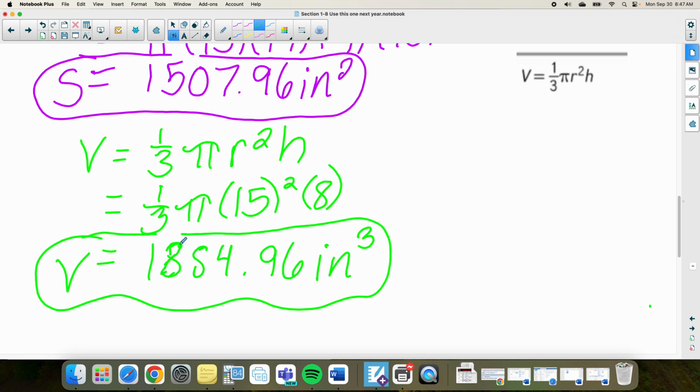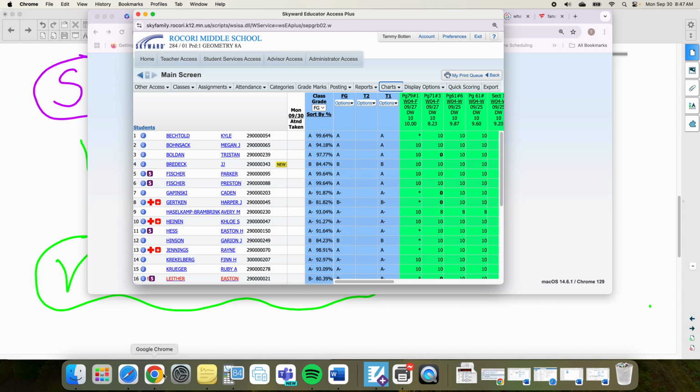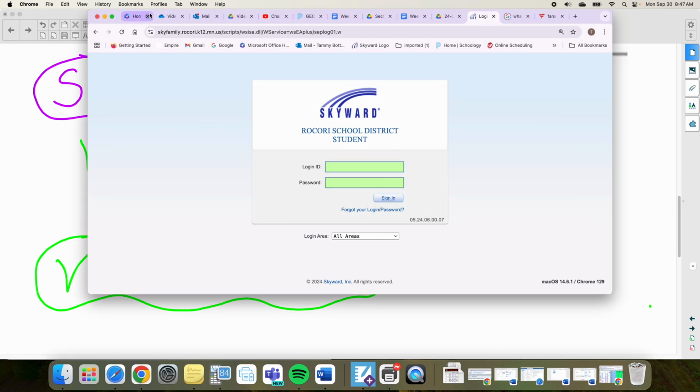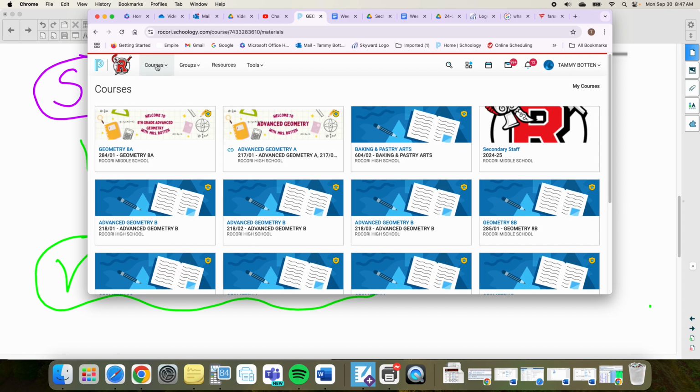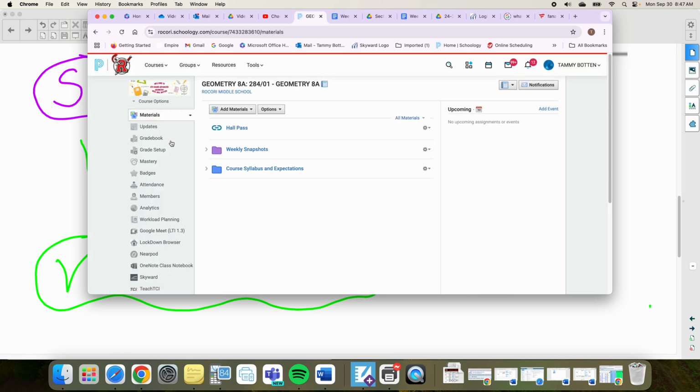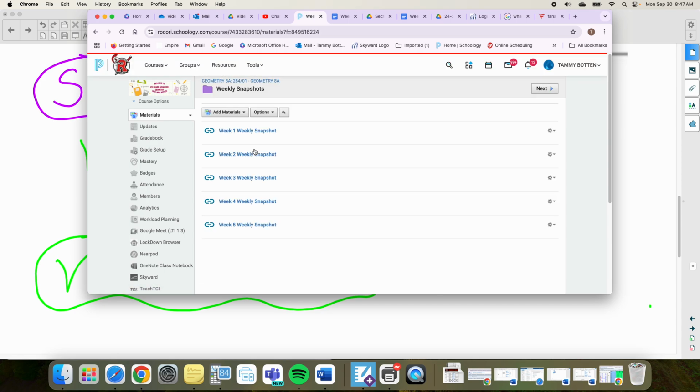Now, I put your worksheet for today in the weekly snapshot. Can you guys get out your math books? Go to Schoology and then go to our class. Here's the weekly snapshot, and we're going to go down to week 5.